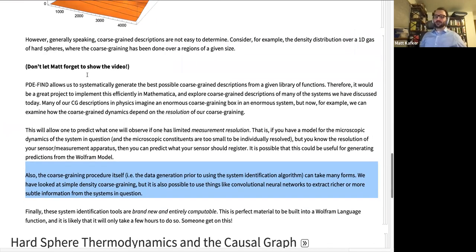And one area that's a little bit exciting here is using machine learning to extract richer information as a coarse grain description. So you can imagine applying a convolutional neural network to each frame of your simulation or something like that, and being able to extract more rich information. And then passing that through some sort of PDE finding scheme.